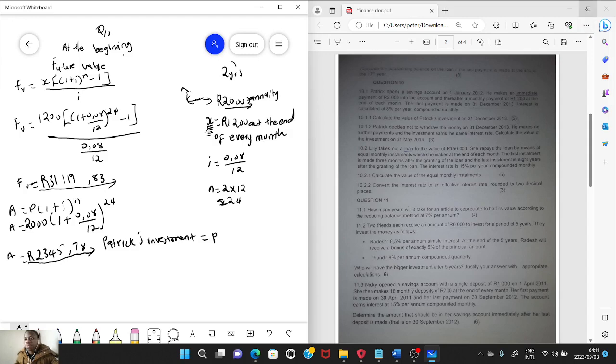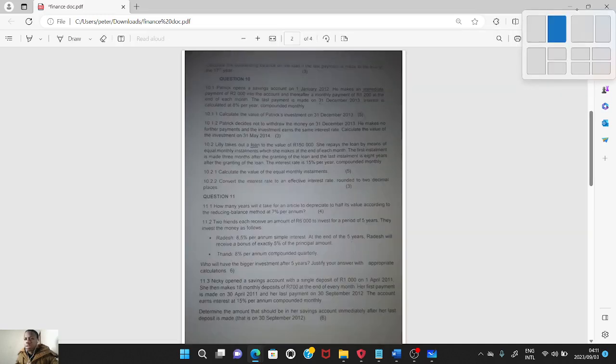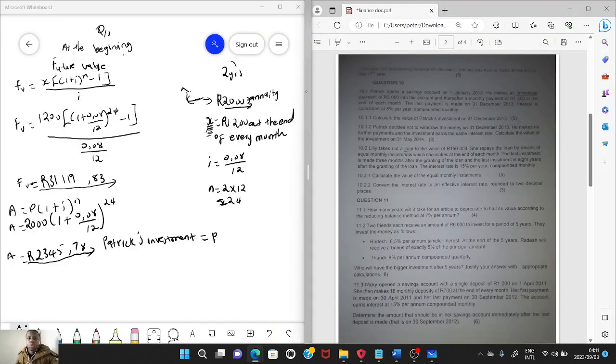So now we are calculating Patrick's investment. It will be the sum of the two. We add the future value and add the 2,000 that has risen.